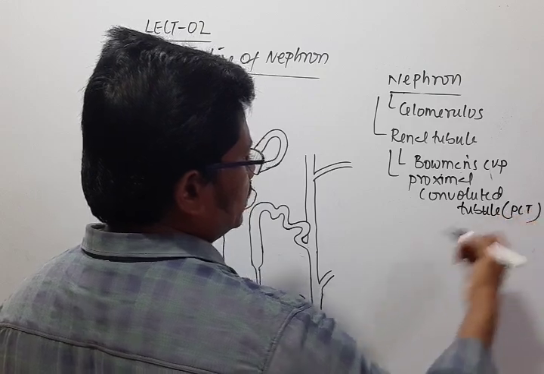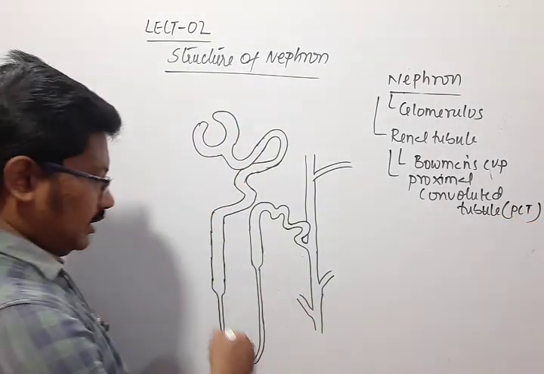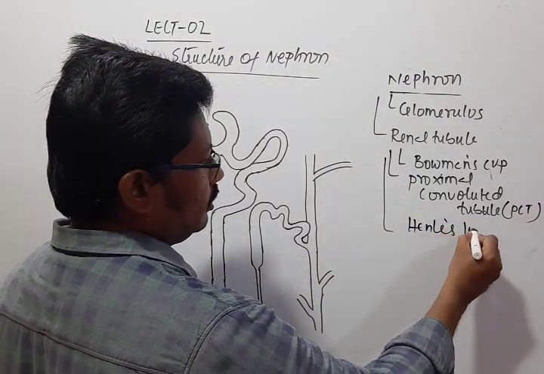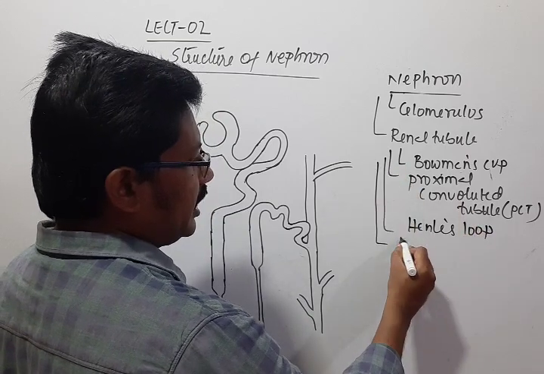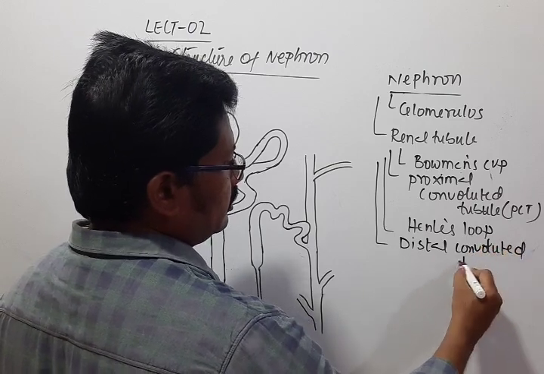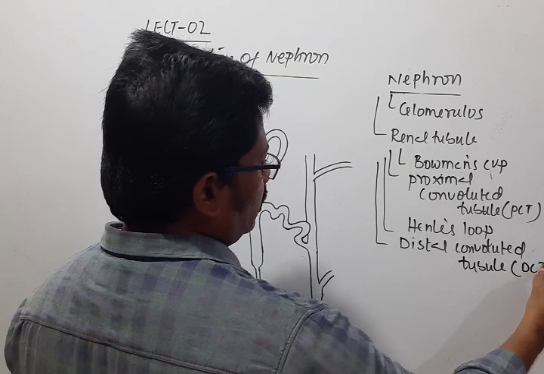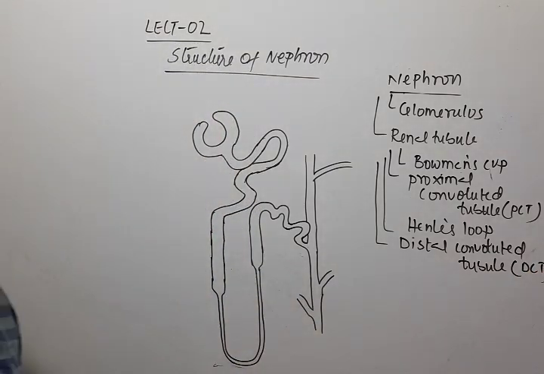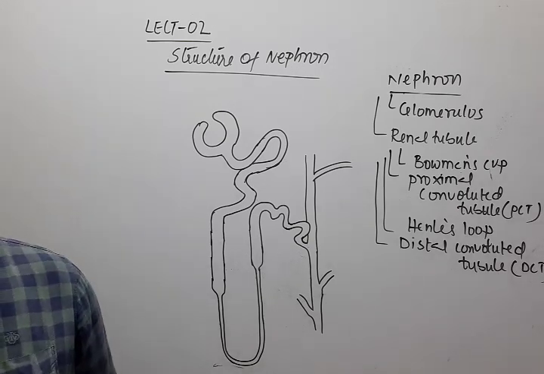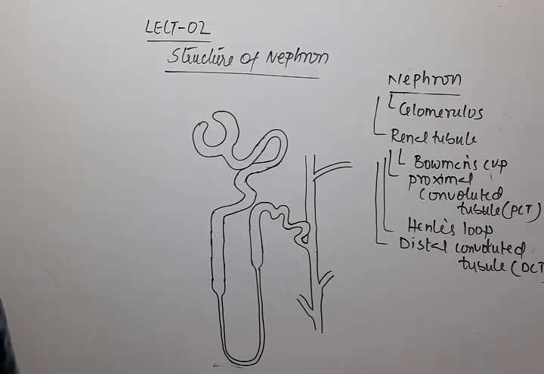So in short, it is PCT, and then the Henle's loop, and then we have the distal convoluted tubule. So in short, we call it the DCT. Okay, so the proximal convoluted tubule, Henle's loop, distal convoluted tubule, and even the Bowman's cup or the Bowman's capsule are the parts of the renal tubule.